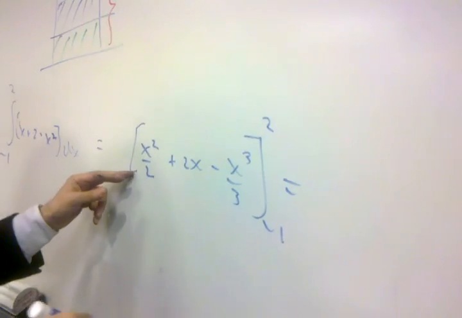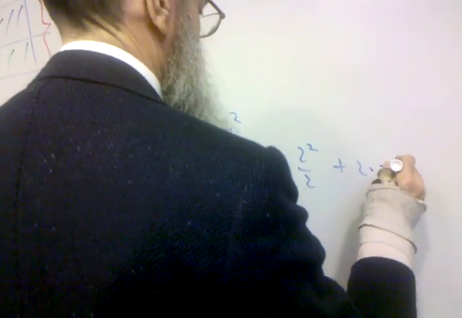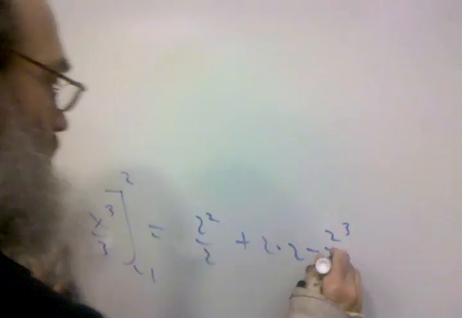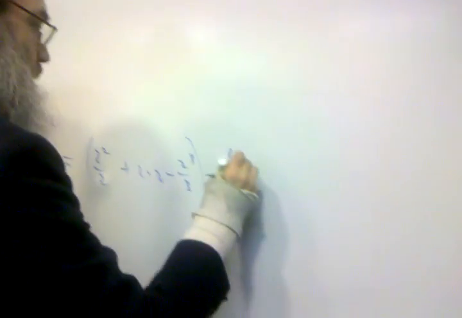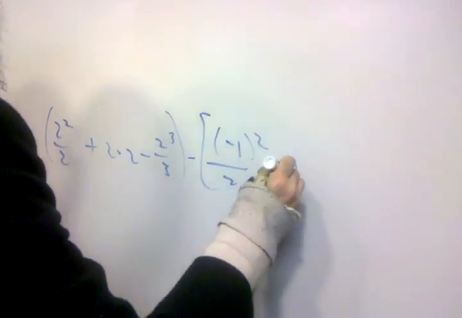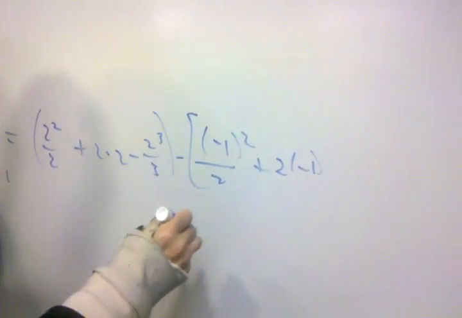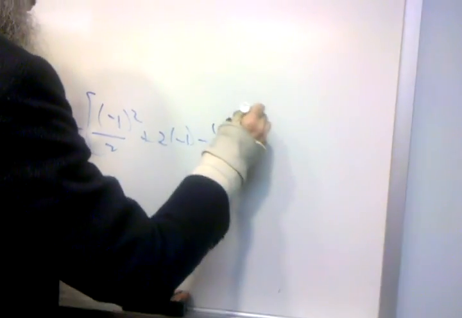So I put in 2 for x. It's going to be 2 squared over 2 plus 2 times 2 minus 2 cubed over 3. That's the first piece. Minus, now I put in minus 1 for x. Minus 1 squared over 2 plus 2 times minus 1 minus minus 1 cubed over 3.